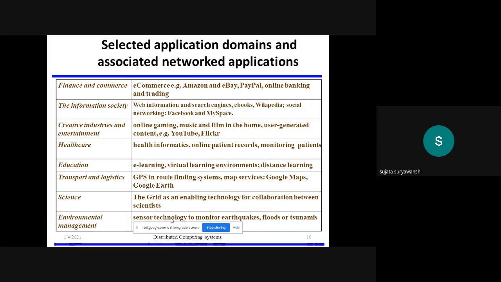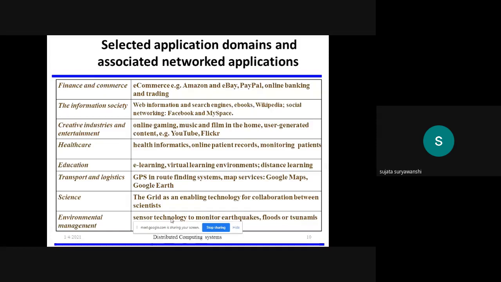Then the next one is the information society. Under this information society, web information and search engines, and ebooks are also available. In all these systems, specific servers are there.